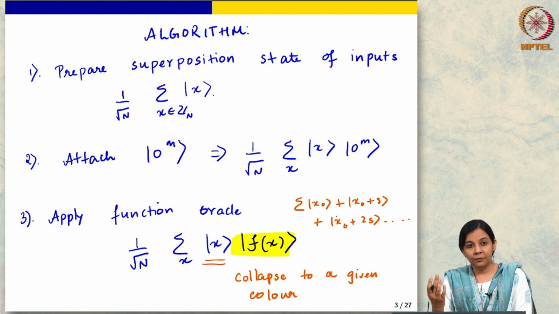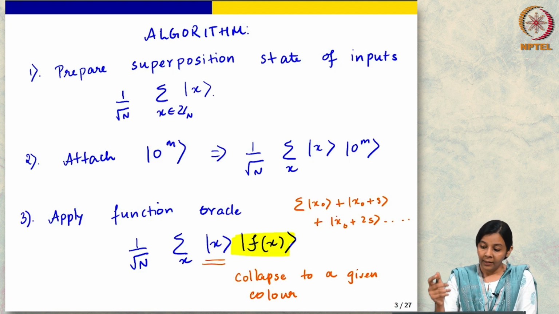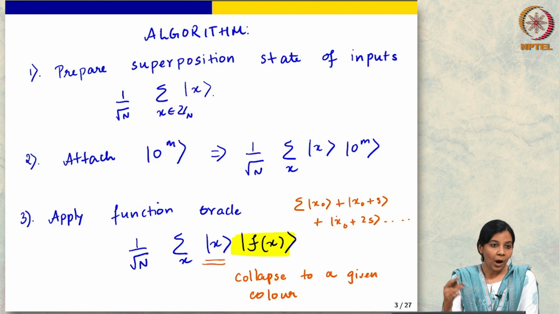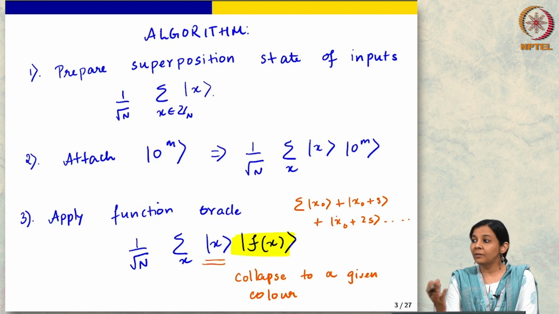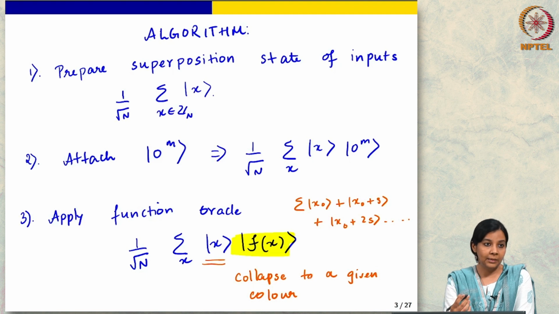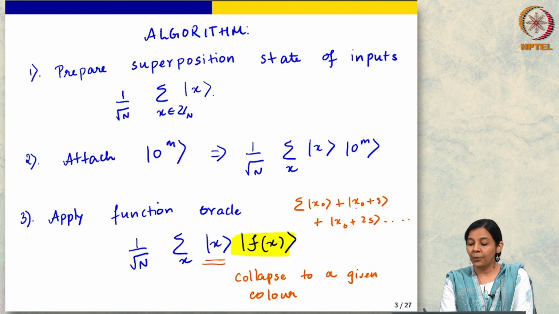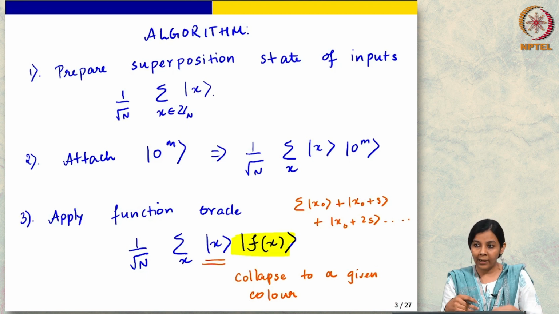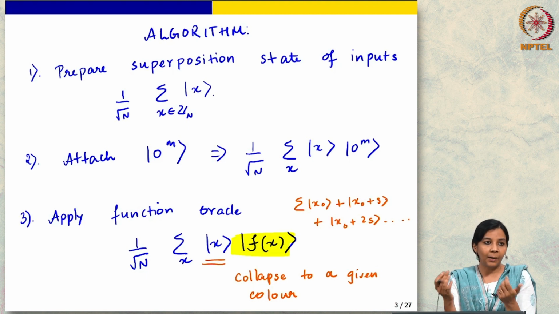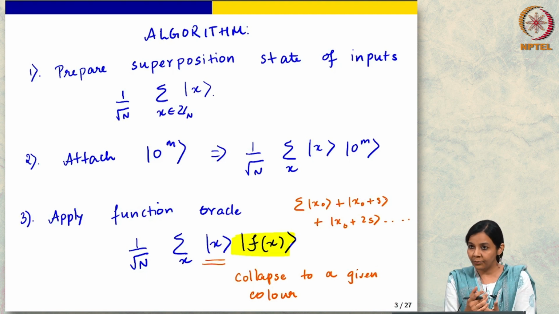So the question that we were asking yesterday was how should we proceed from here, and one of the suggestions from the class was that let me just measure the first register now. In that case I can hope to get some x0 plus ks. Basically when I measure a few times, the hope is to get different values that are separated only by some multiple of s, and hopefully thereby to recover s.